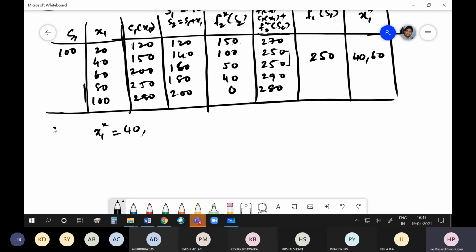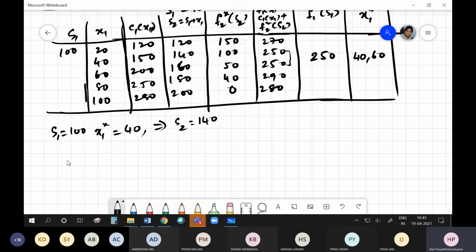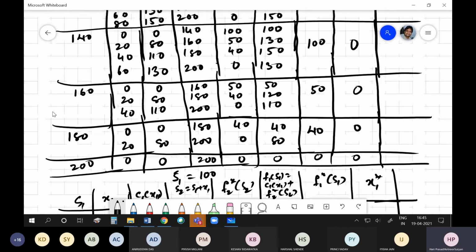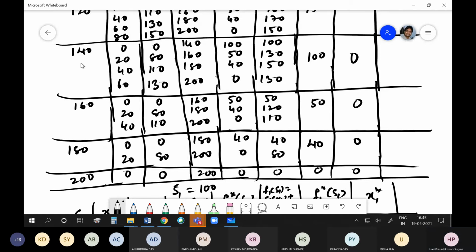Okay. S1 is 100. So what will be S2? 140. Okay, for that 140, which is S2, what is X2 star? 0, isn't it?